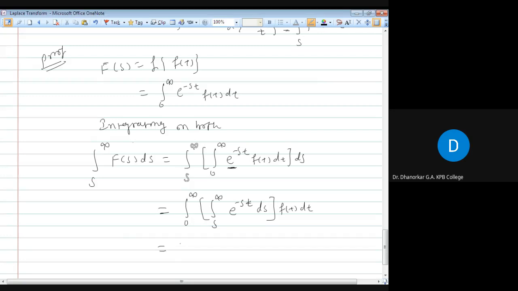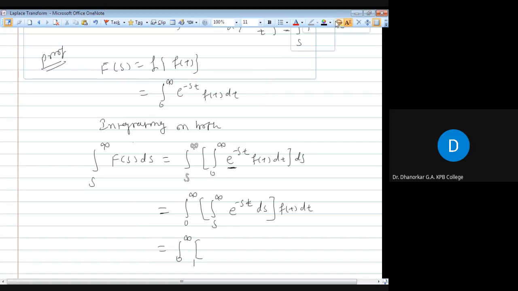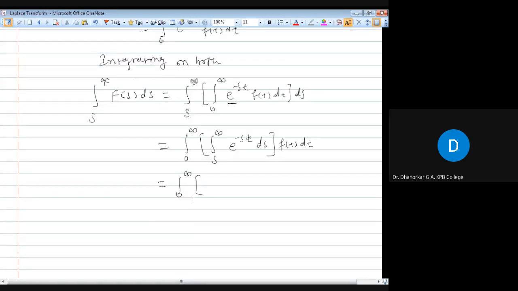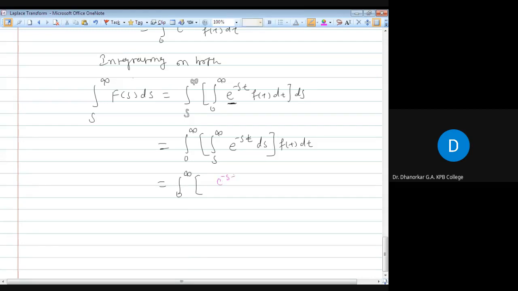which is equal to integration from 0 to infinity. What is the integration of this term? Write this integration. The integration of e raised to power minus st with respect to s is e raised to power minus st divided by minus t.